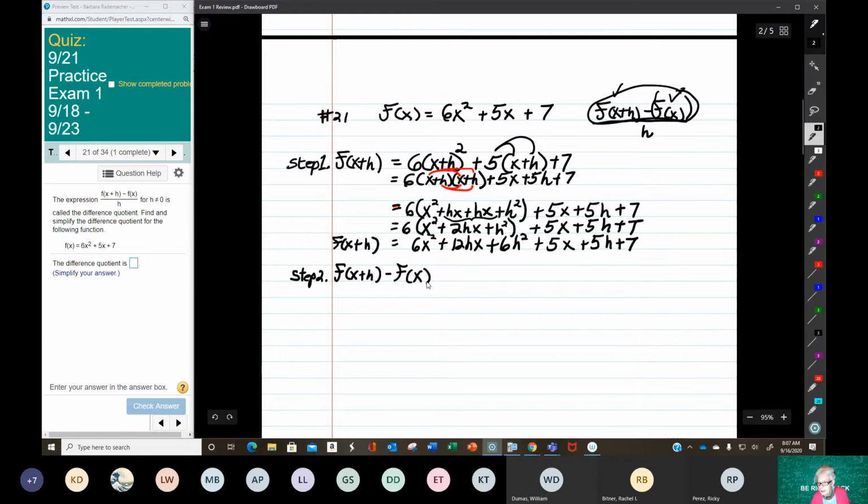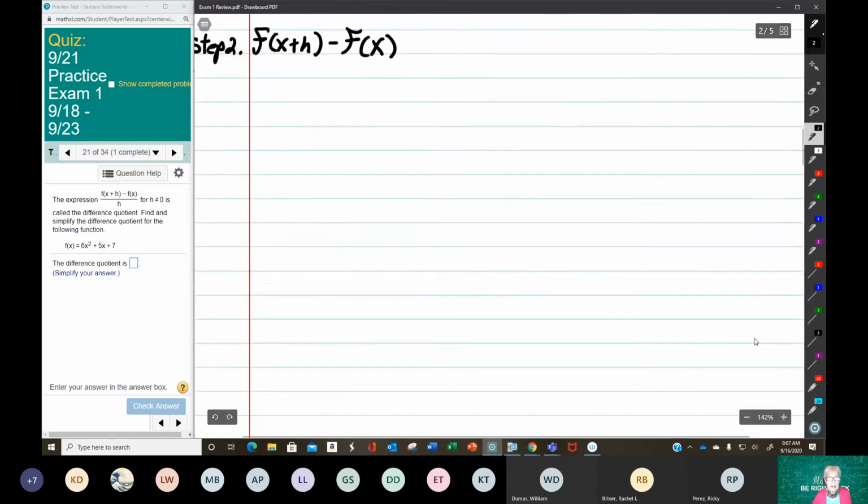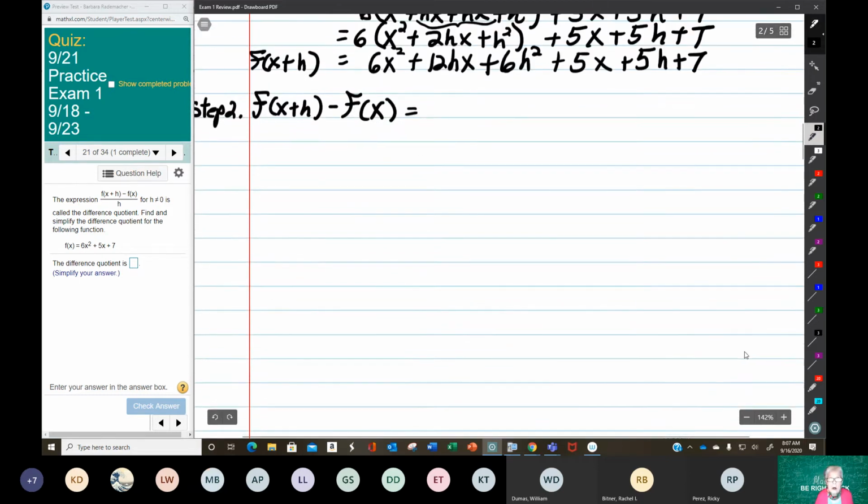Is this big enough for you to see first? I didn't even ask. There. Well, no, I have to. Now I can't see what it is. There. Okay, so here's f of x plus h. It's 6x squared plus 12hx plus 6h squared plus, oh yeah, I don't need that.